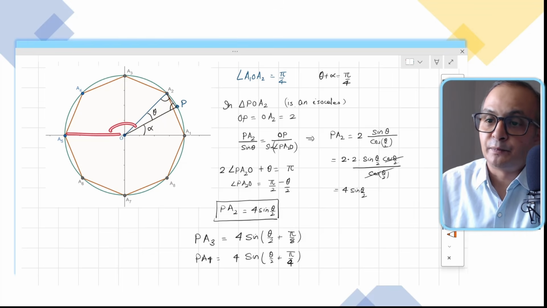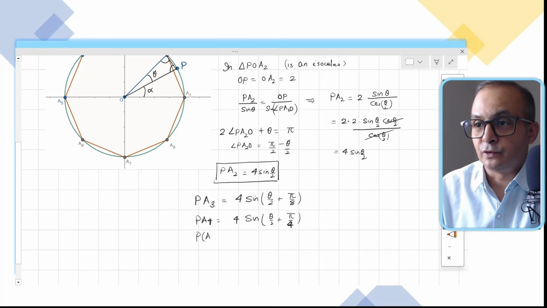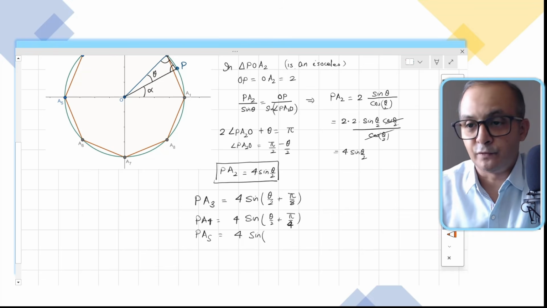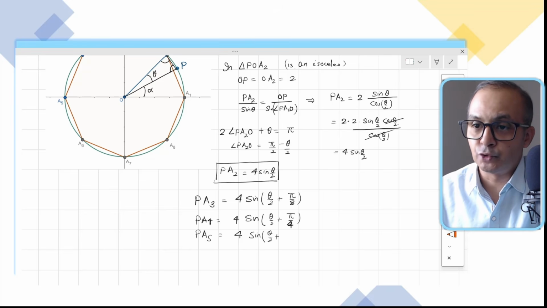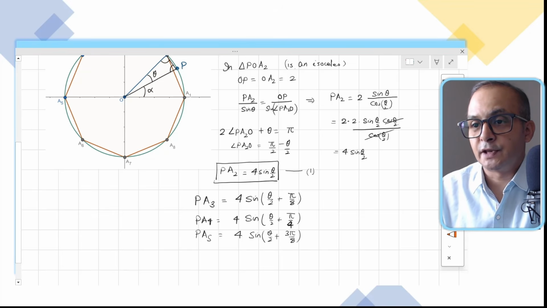So again theta will be replaced. What can we write? PA5 now. So PA5 is now 4 times sine of theta plus 3 pi by 4 over 2, so this will become theta by 2 plus 3 pi by 8. So these are the values in the anti-clockwise direction.